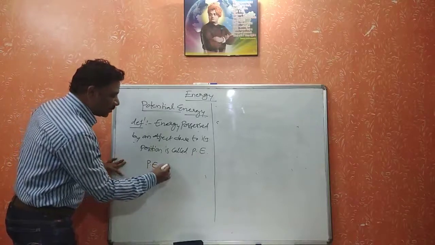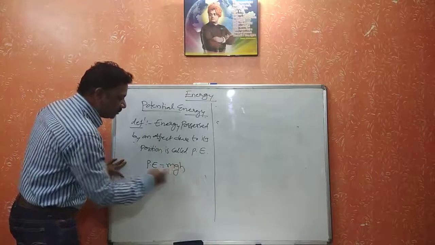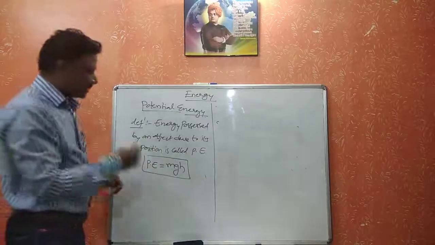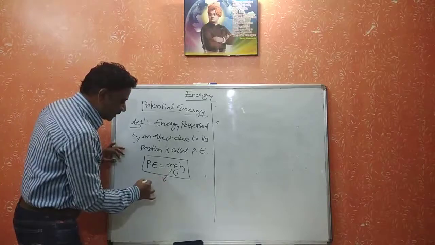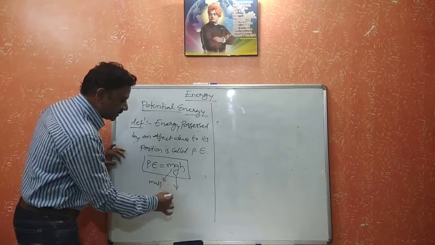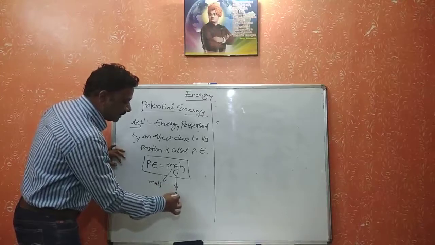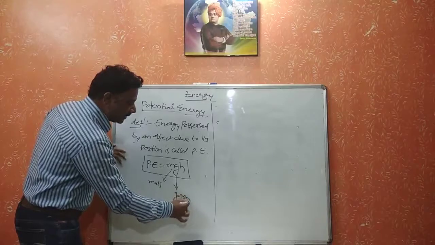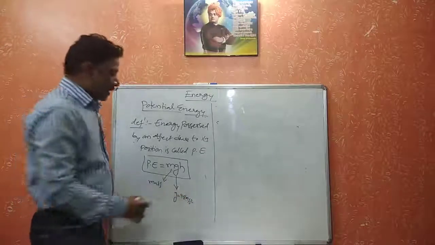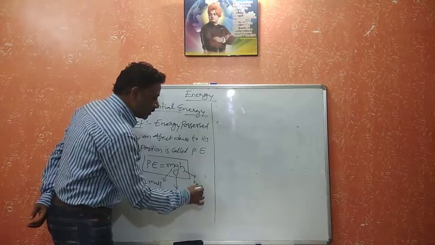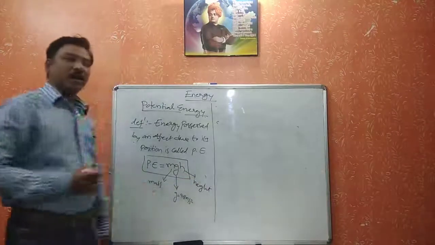Here PE is equal to, we can write the equation as mgh, where m represents the mass of an object, g represents acceleration due to gravity, a constant value, 9.8 meters per second square, and h represents the height of the object.